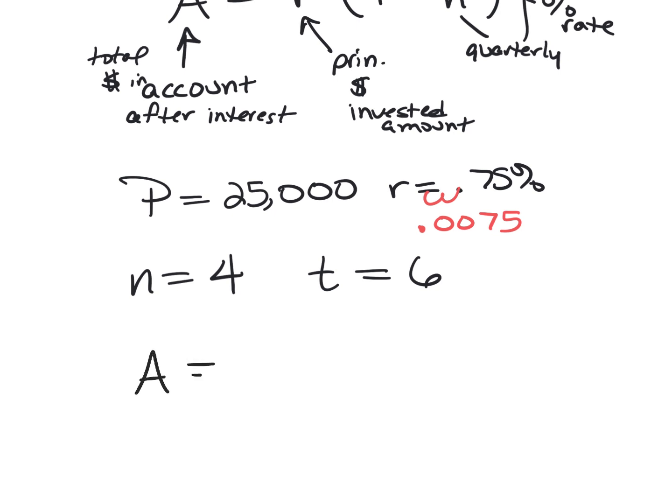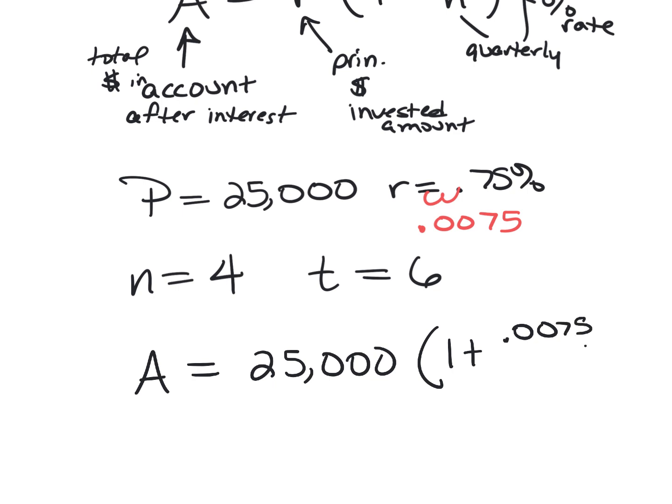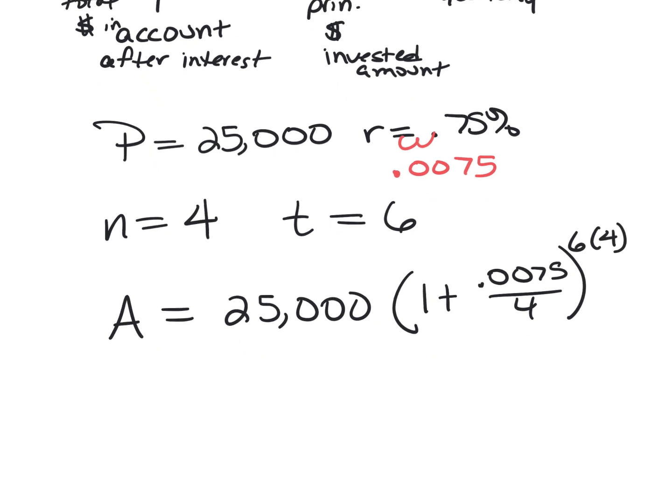So A is equal to 25,000 times (1 plus 0.0075 over 4) raised to the 6 times 4. You could key this all in your calculator. Just be careful with parentheses if need be.